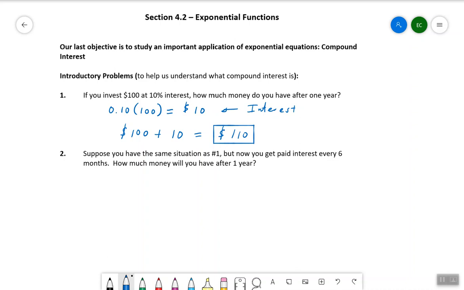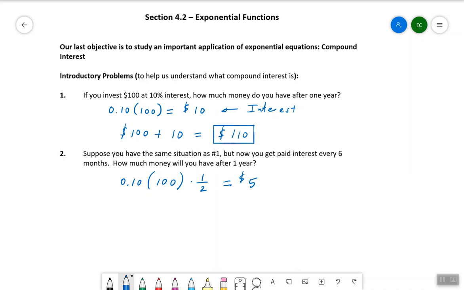So if we had 10% of 100, but since we're getting paid after only 6 months, that's half of a year, so we only get half of the 10%. Then that would be $10 times a half, which would be $5.